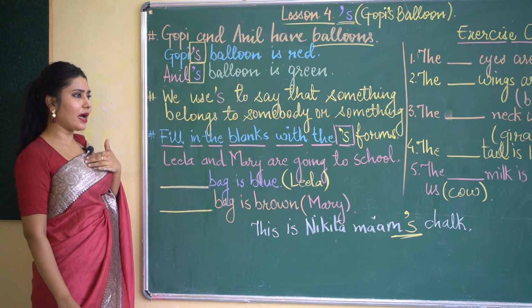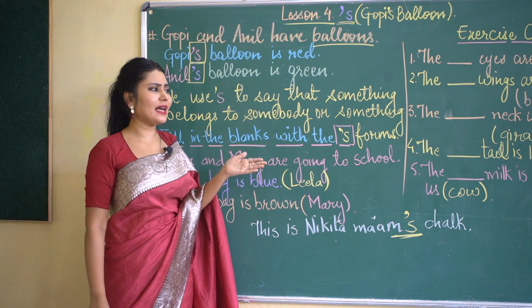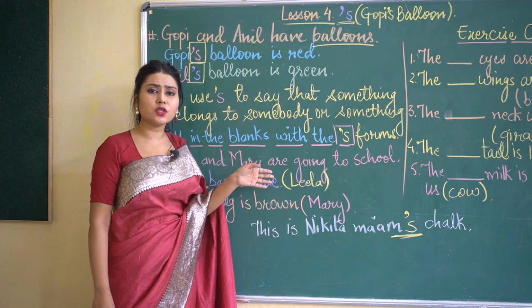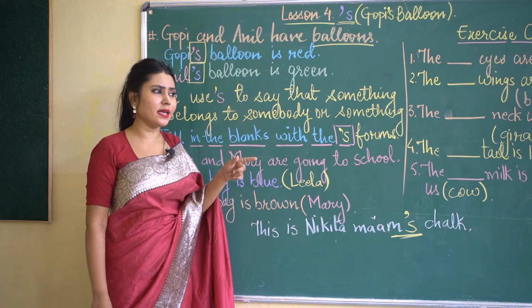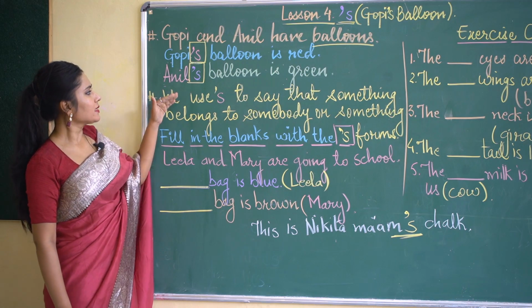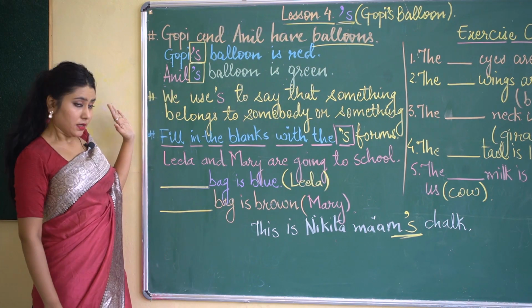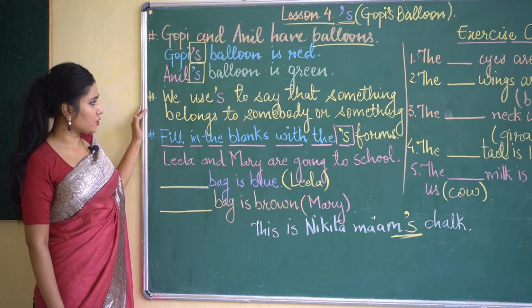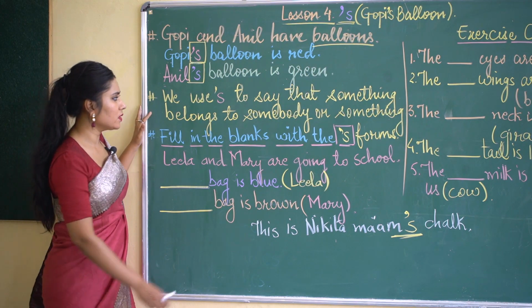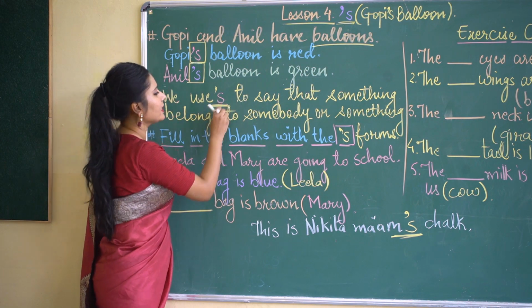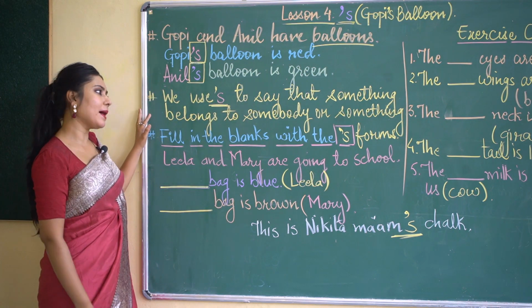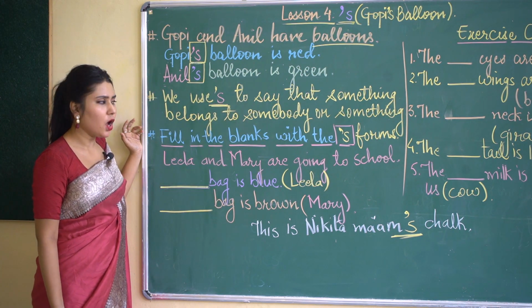So whenever you try to explain that this particular thing belongs to you or to somebody, you always have to take the support of an apostrophe S. Similarly, with the rule mentioned here, it's written that we use apostrophe S to say that something belongs to somebody or something.